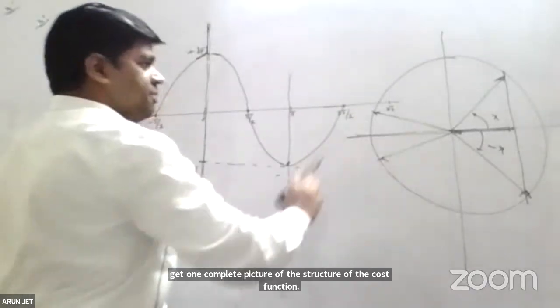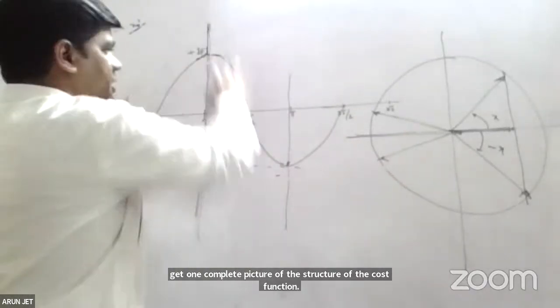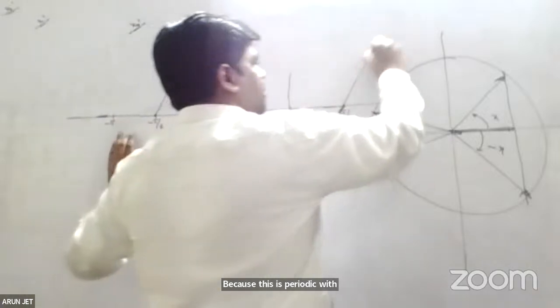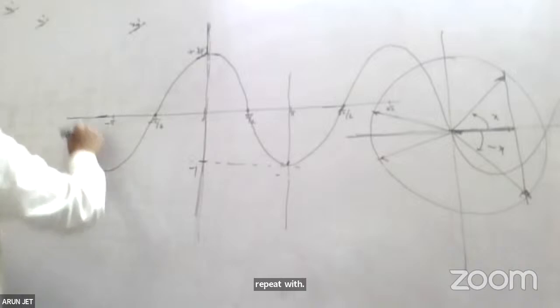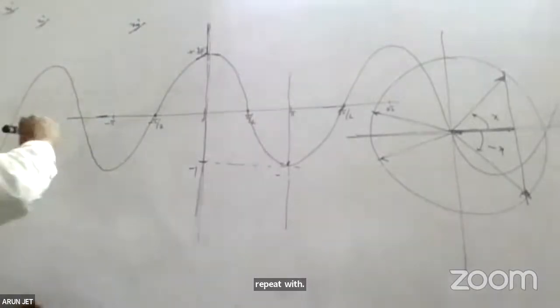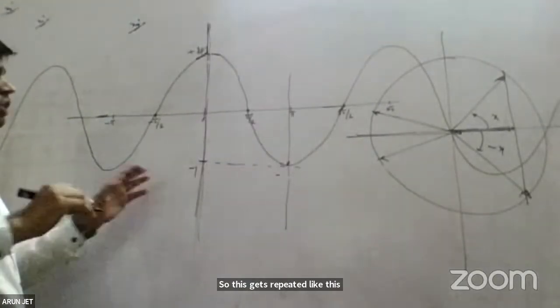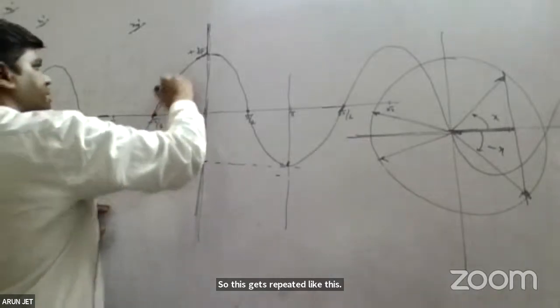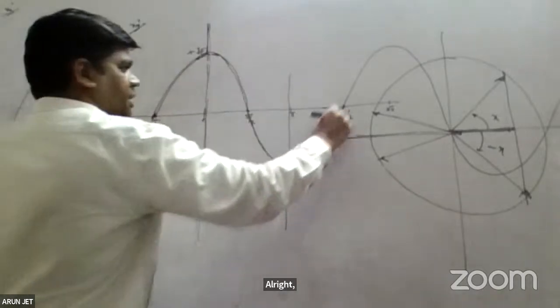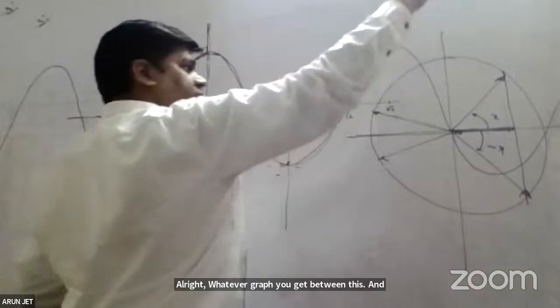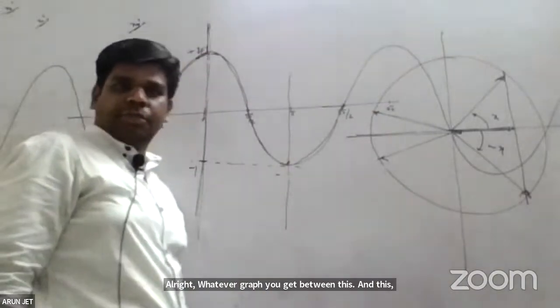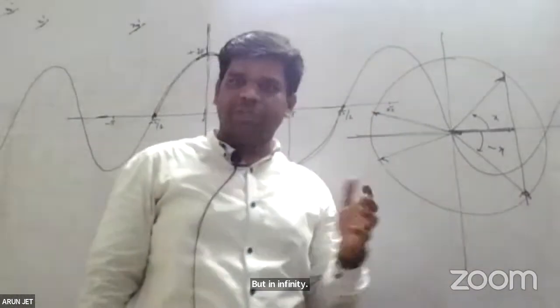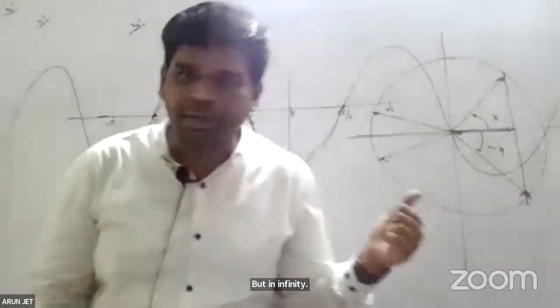Because this is periodic with a period of 2 pi, this will repeat. So the cos graph, whatever graph you get between this and this, gets repeated till infinity. It's a periodic function. Why? Because the circle is also periodic with a period of 2 pi.